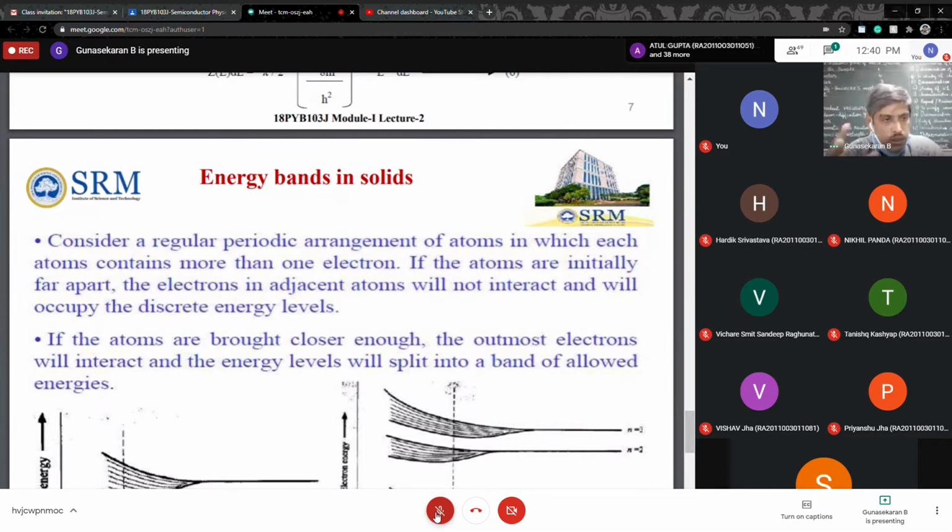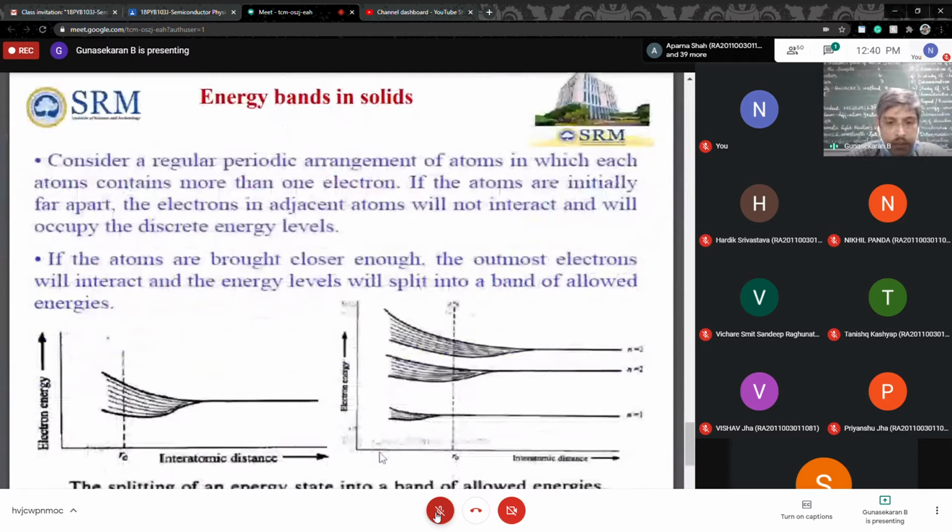There is no doubt that the outermost electrons, or the valence electrons, interact with the other atoms, so definitely coupling takes place. So this is a coupling between the atoms, and due to this coupling, there is no doubt, the energy level definitely splits.